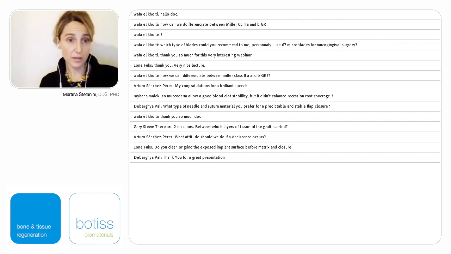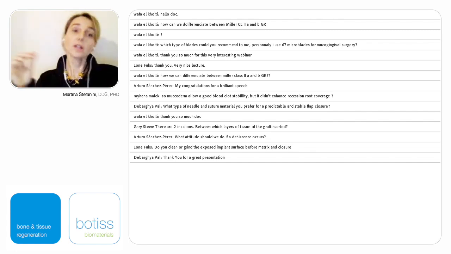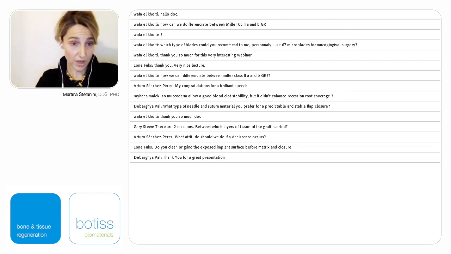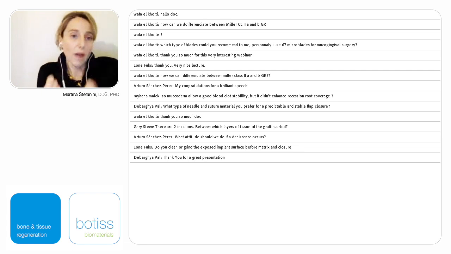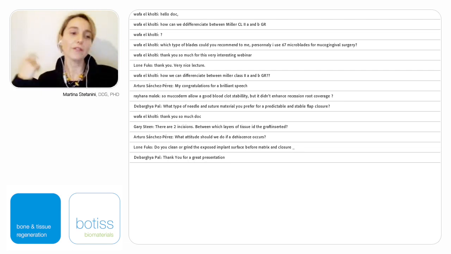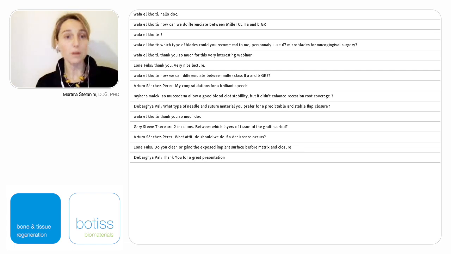After 2 weeks, I recall the patient and I remove the suture in order to avoid plaque accumulation. And since after 2 weeks, they start not to have the right function and tension. After 2 weeks is the right time to remove the suture without causing any trauma to the soft tissues during the removal of the suture.